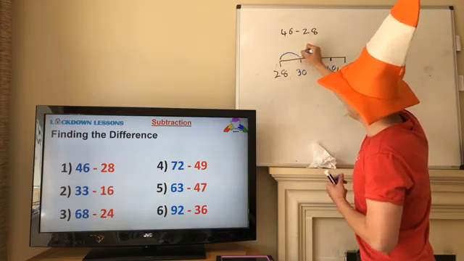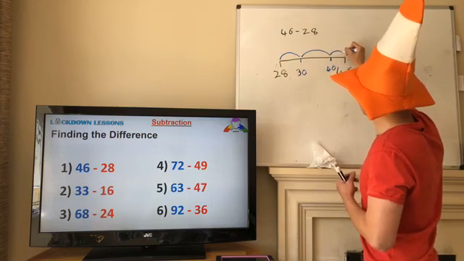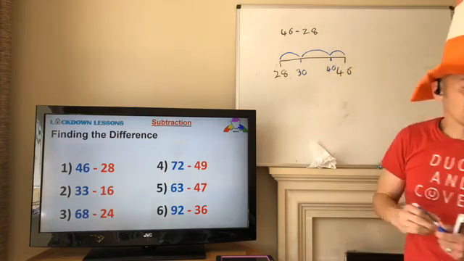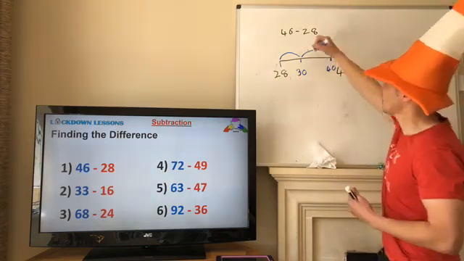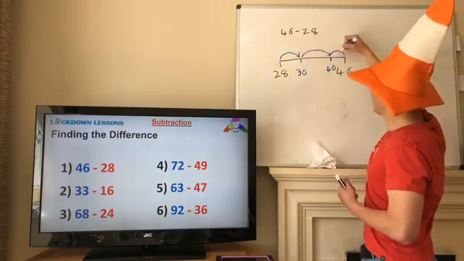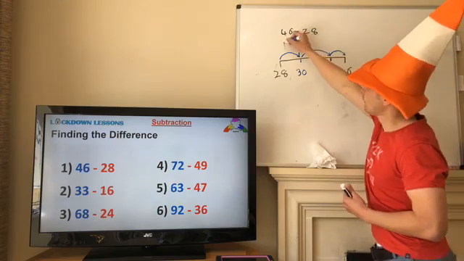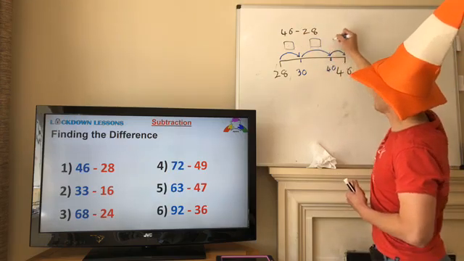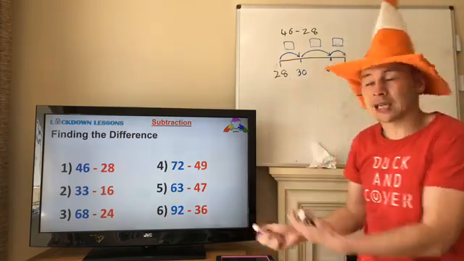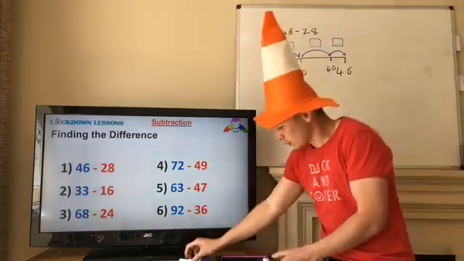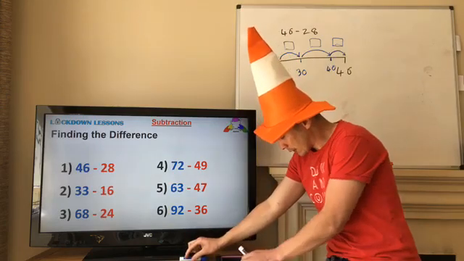So fill in your jumps, and that will tell you how far you've gone. Okay, so fill in those jumps. What are you jumping each time to jump up to those numbers? So fill in those boxes there, and that is how you can do it, by jumping up rather than taking away. Another way to subtract. Okay?